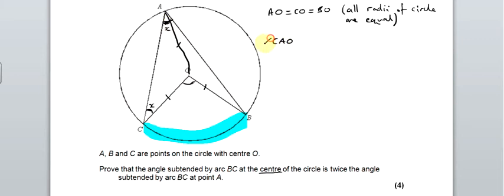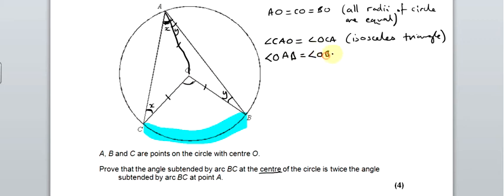So angle CAO is the same as angle OCA, and it's because it's an isosceles triangle. And then similarly over here we'll call this one Y. So angle OAB equals angle OBA, and the same reason, isosceles triangle.